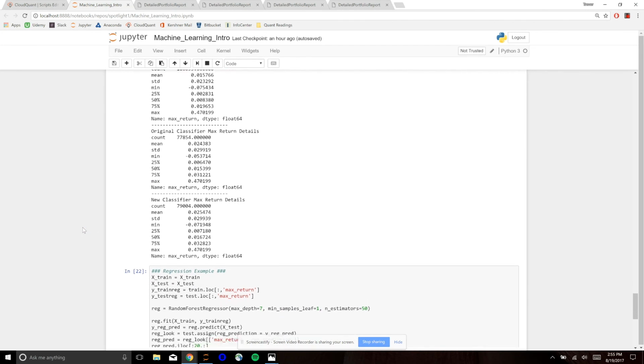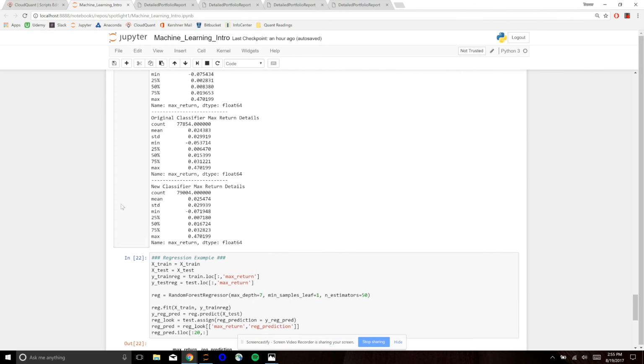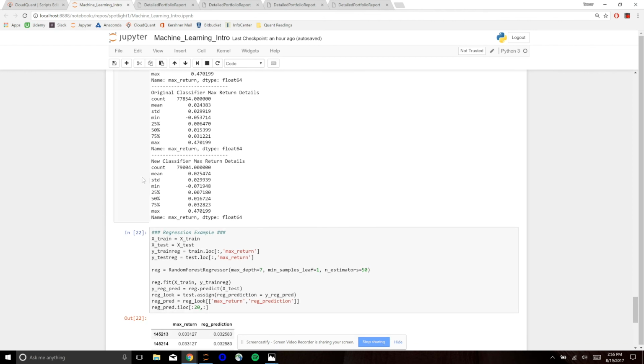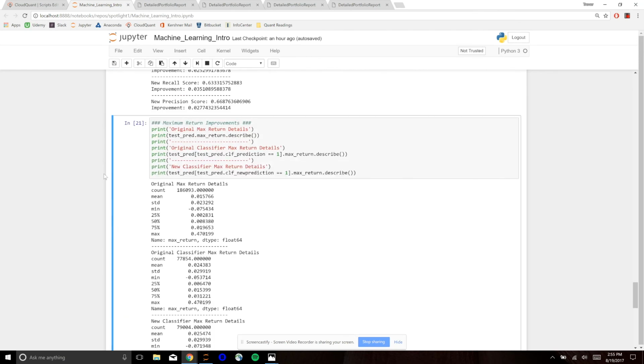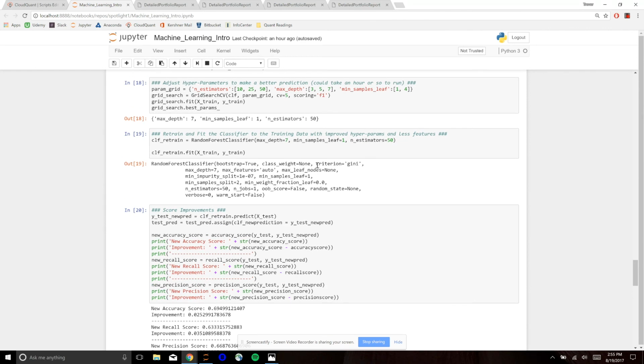After taking out some of the features and finding better hyperparameters, we've increased it from 2.4% to 2.5%, and from 1.5% to about 1.7% on the median. And you can also see, because we use that F1 score and recall is part of that, that we're actually taking more trades. So not only are we making more per trade, but we're also finding more trades based on that grid search CV setting the scoring equal to F1.